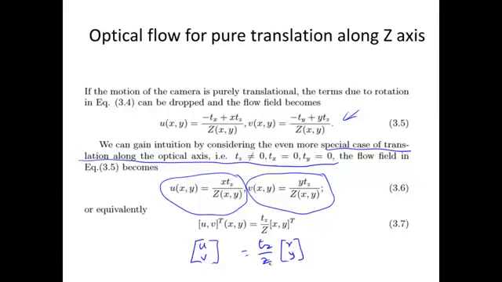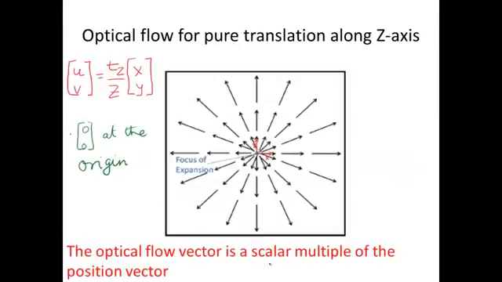Let's see if we can plot this out. Okay, so I repeat. (u, v) is the optical flow vector. Here, this is the position vector, and the proportionality constant is Tz upon Z. This diagram shows what the optical flow field looks like in this case.